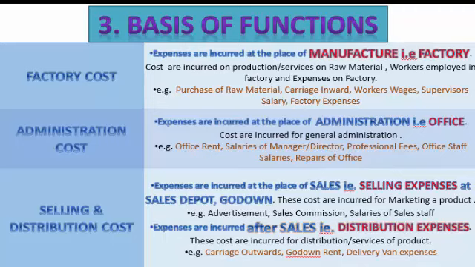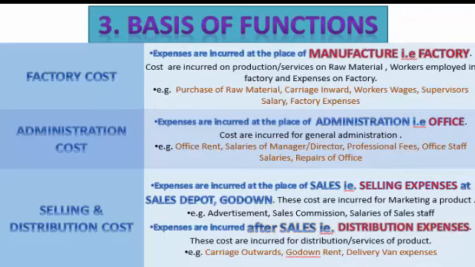Now, if you go to the distribution expenses, these costs are incurred for distribution or services of a product. An example is carriage outward. If you look at carriage inward, we are talking about a purchase of raw material, which goes in factory cost. If you talk about carriage outward, we are talking about delivering the finished goods, so we talk about the distribution cost.